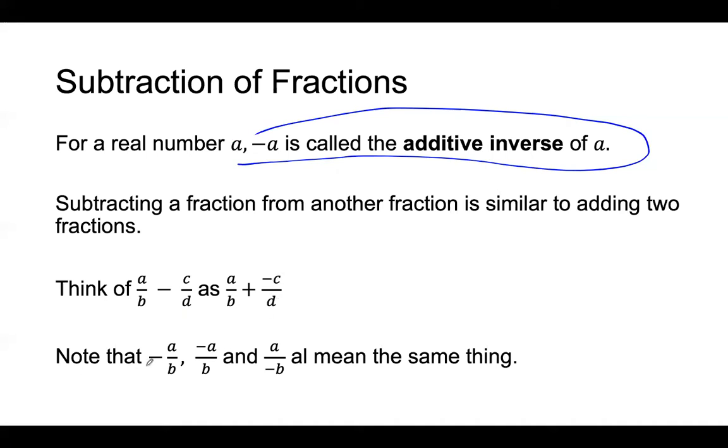And these are all the same. So if there's a negative out front, you can bring it in front of the numerator. And you can also bring it in front of the denominator. And they all mean the same thing, tomato, tomato. So for example, we can continue this on, and it's going to be the same as a over b plus c over negative d.